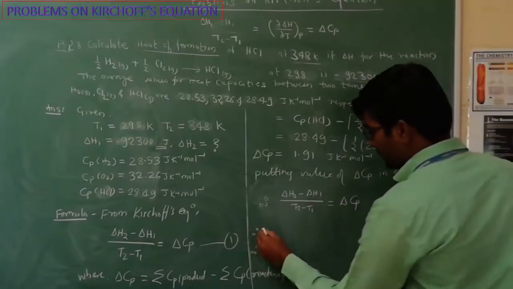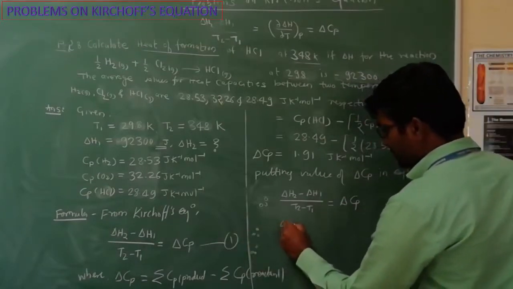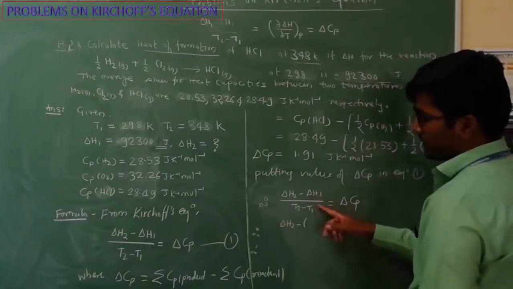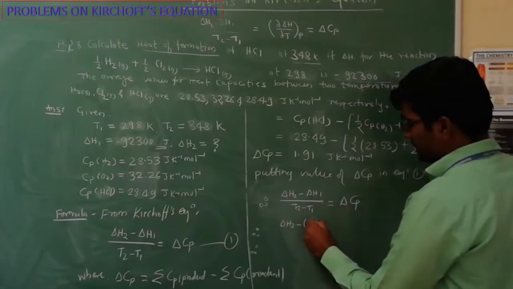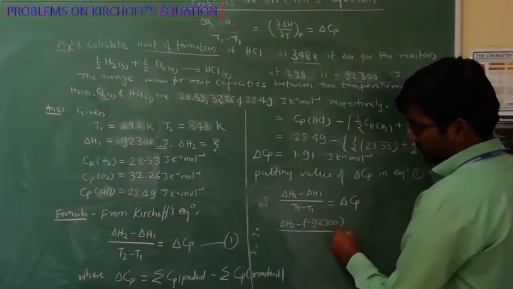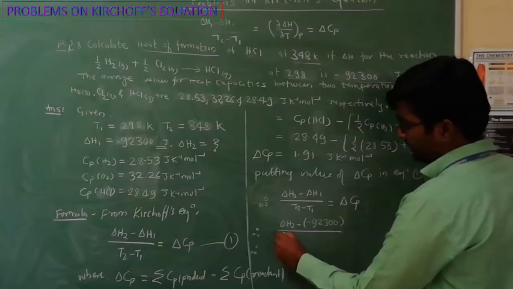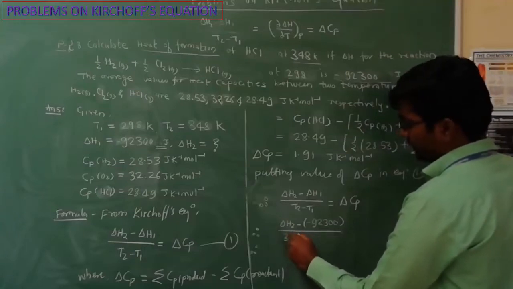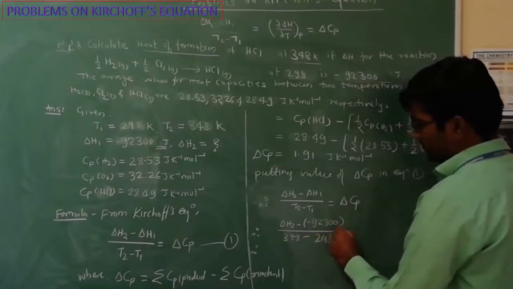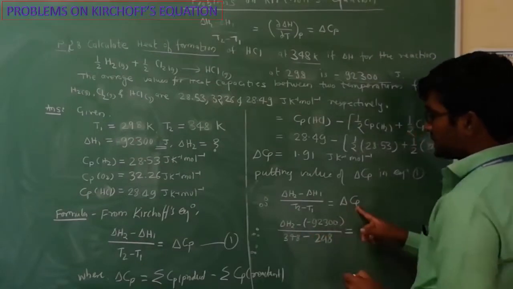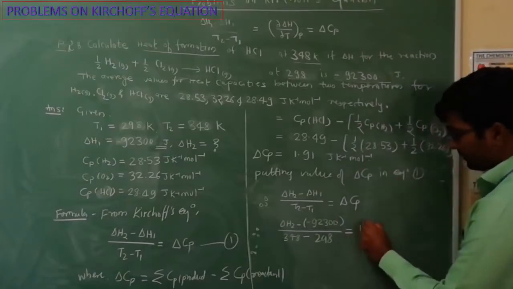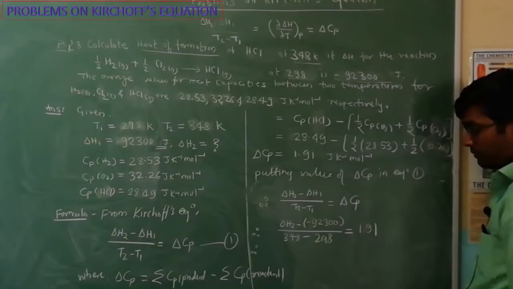So write down all the values. Delta H2 minus, what is the value of delta H1? The heat of formation at temperature T1 is minus 92,300 joule, upon T2 value 348 minus T1 value 298, which is equal to the delta Cp value we have just calculated, 1.91.